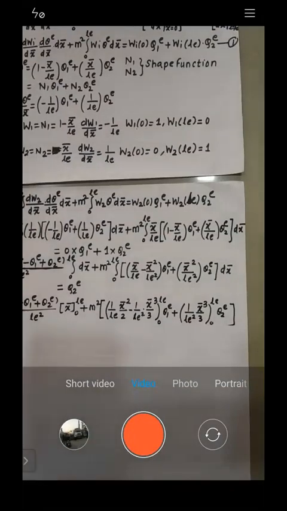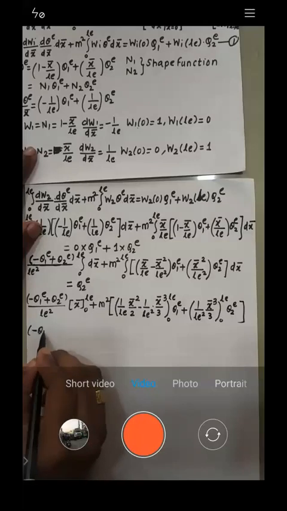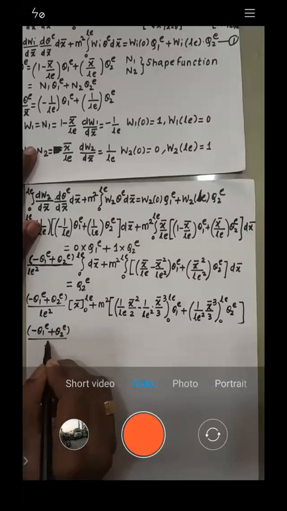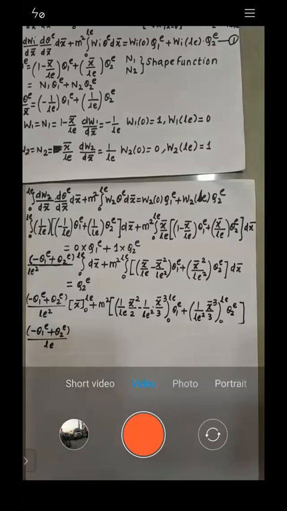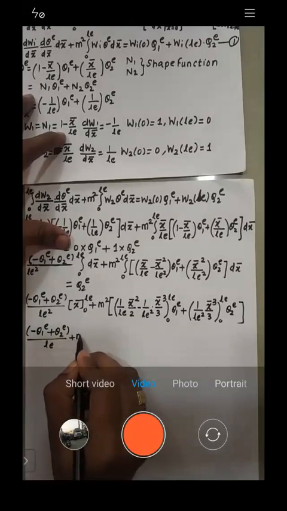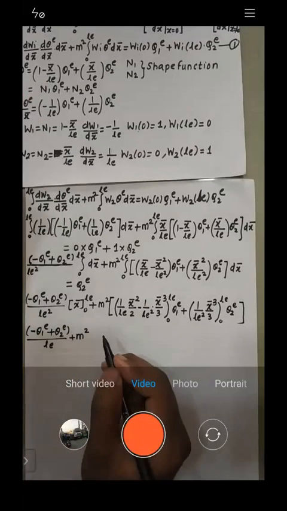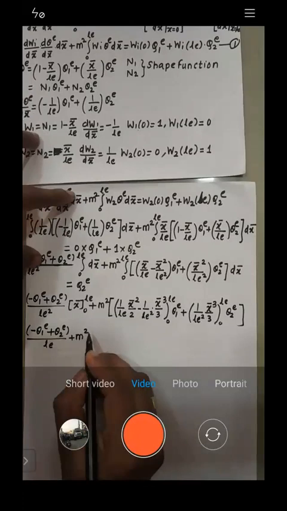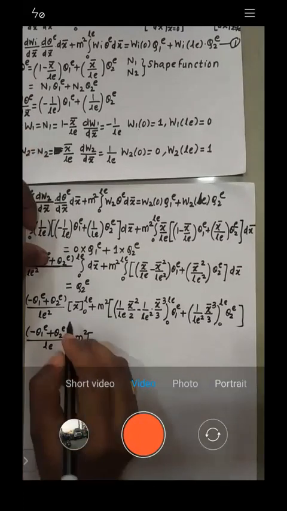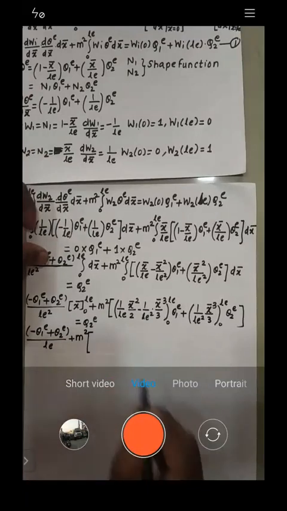So this is LE minus 0 and this is LE square. So 1 LE gets cancelled. So we will get minus theta 1E plus theta 2E upon LE, right? Plus m square. Now check with this bracket what you are getting in this bracket. So is equal to Q2. Okay. Now check with this bracket what you are getting.